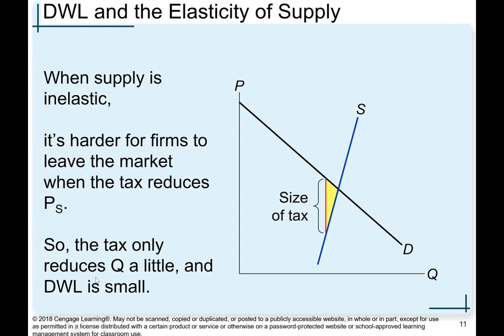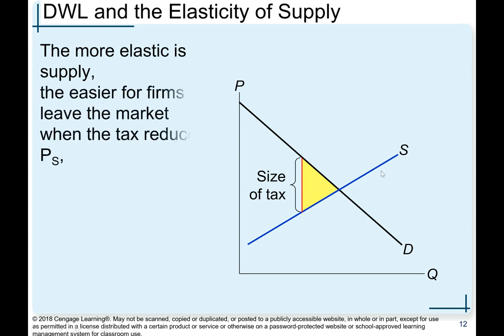So the tax only reduces output a little, and the deadweight loss is small. You can see the deadweight loss is the area of this yellow triangle, and the market shrinks from right about here to here. The deadweight loss is fairly small when supply is inelastic.